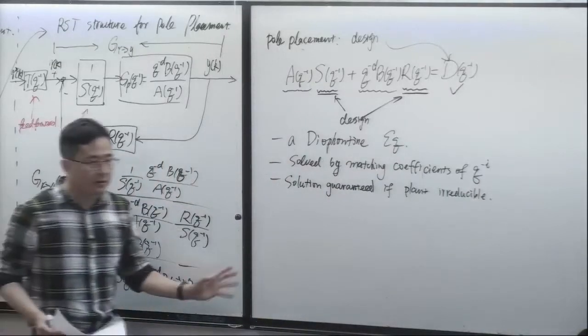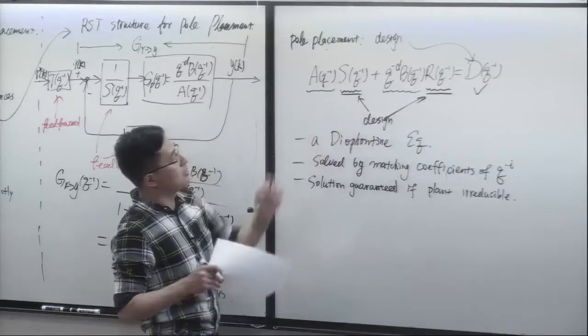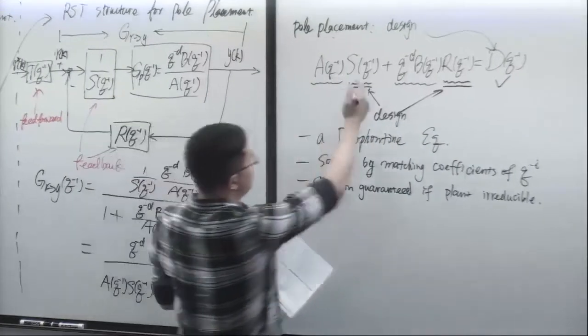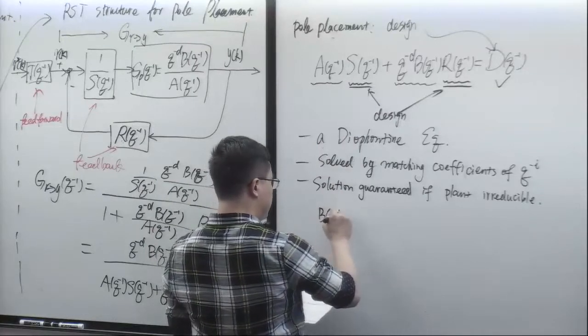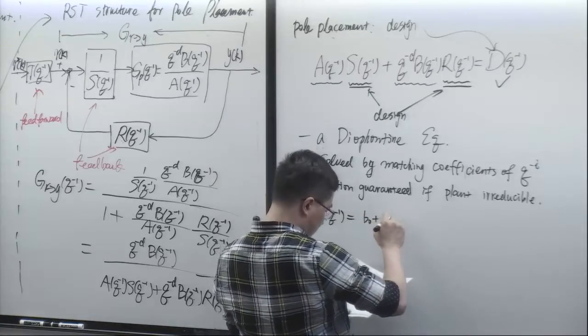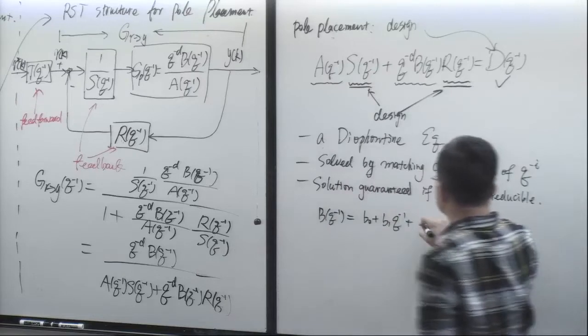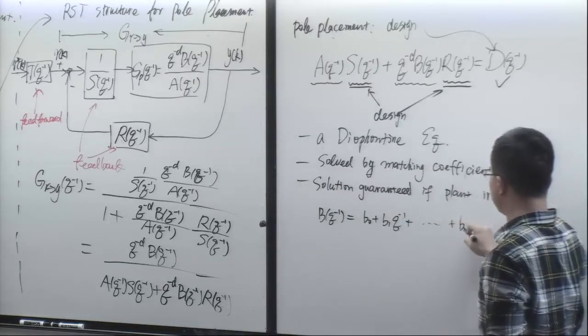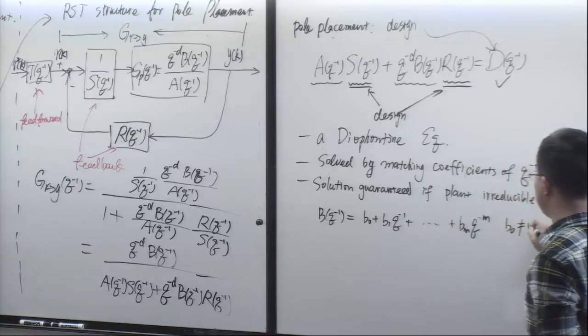But let's be careful. Let's be rigorous and provide all the orders of these polynomials. Let's say the order of the polynomial B is M as usual, and b0 is not 0.